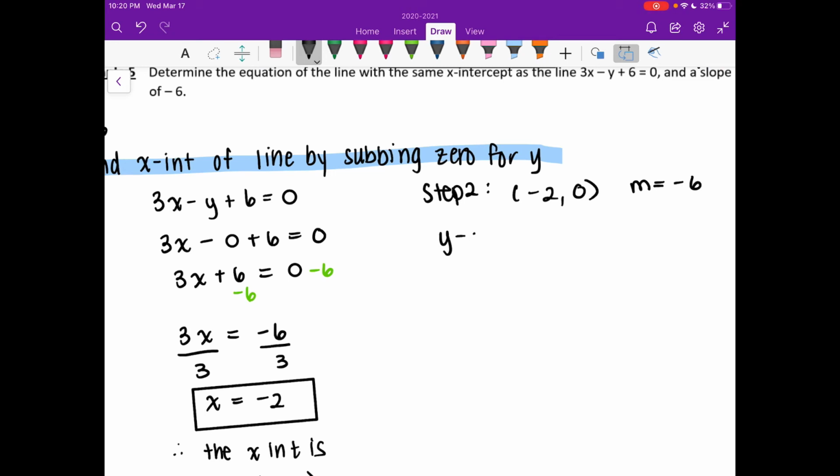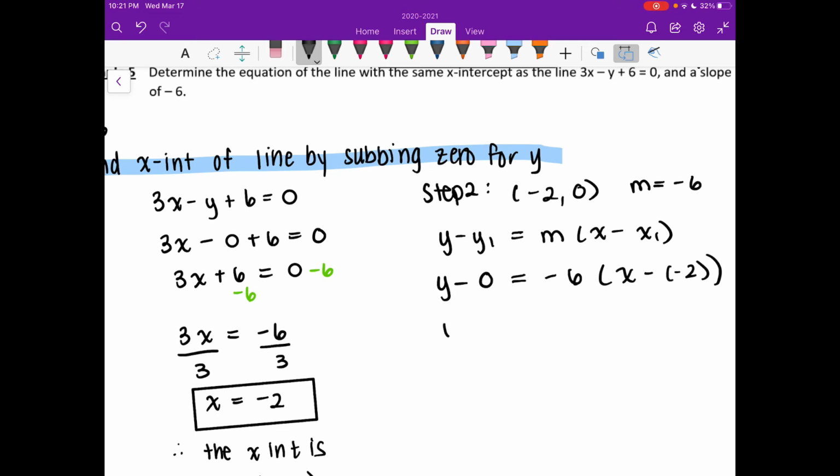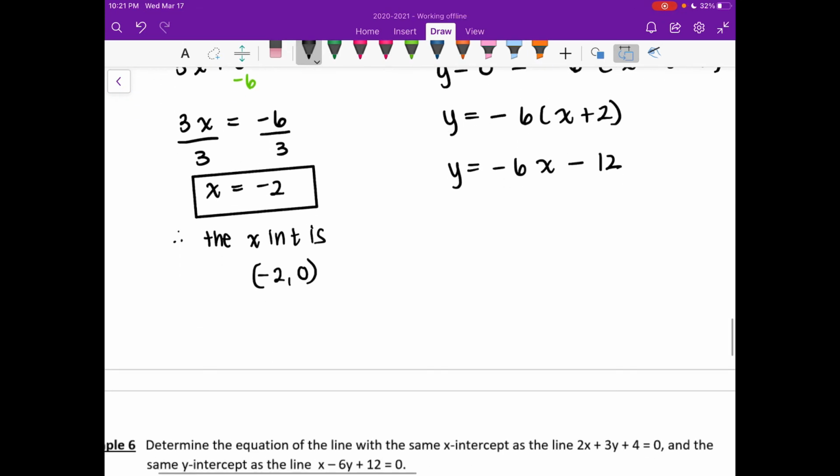So y minus y1 equals m times (x minus x1). y minus 0 is equal to -6 times (x minus -2). y minus 0 is just y equals -6 times (x plus 2), because the minus and the minus become a plus. Then we distribute the -6, so we have -6x minus 12. So y equals -6x minus 12, and that is the equation of the line.